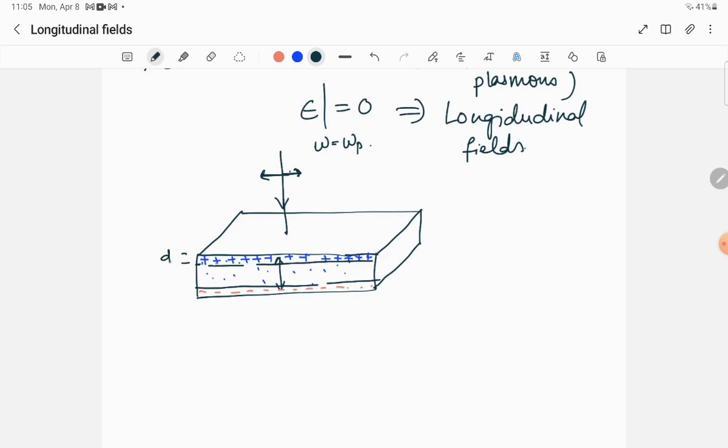So there is some thickness to that. You can call it, let's say, d. Not d, maybe I'll use the same notation we used in class.